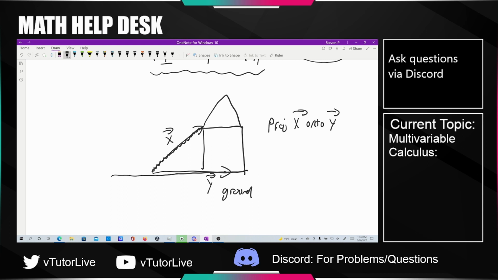The idea behind vector projection is basically the sunlight is coming down from the sky in beams that are perfectly perpendicular to the ground. And the vector projection is literally the shadow cast by x. That's what a projection is. That's why we call it a projection.